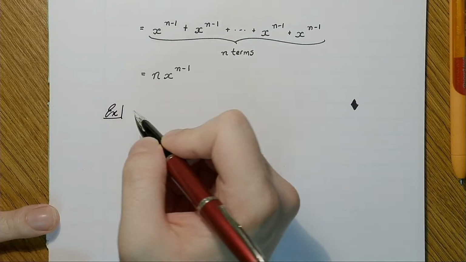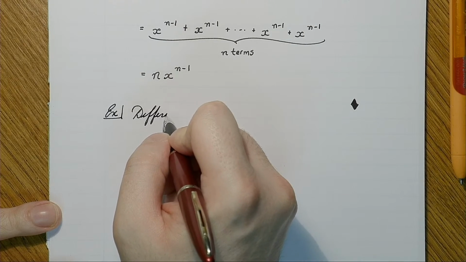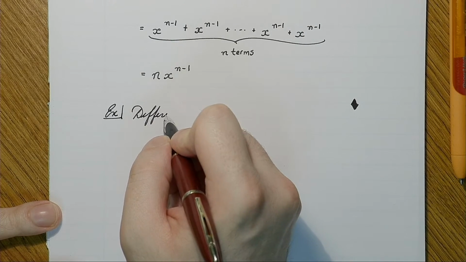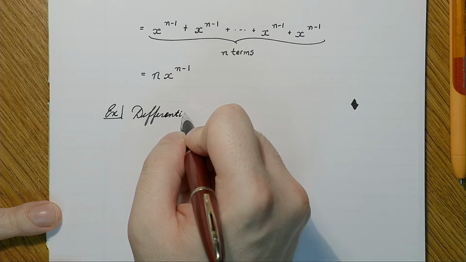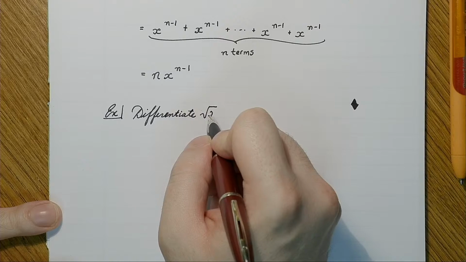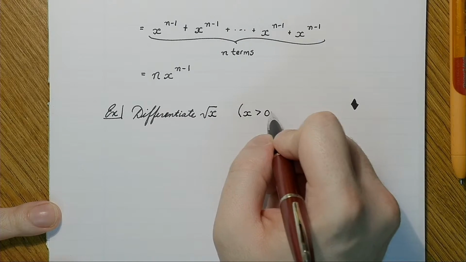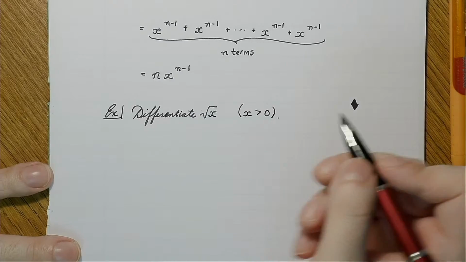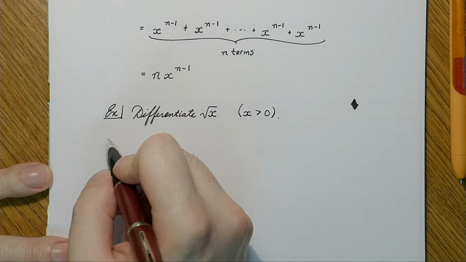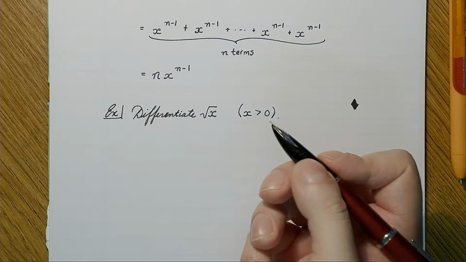Here's an example. Can we differentiate the square root of x? And let's say that x is greater than 0. Somebody might say, oh, well, that's not following the rule.